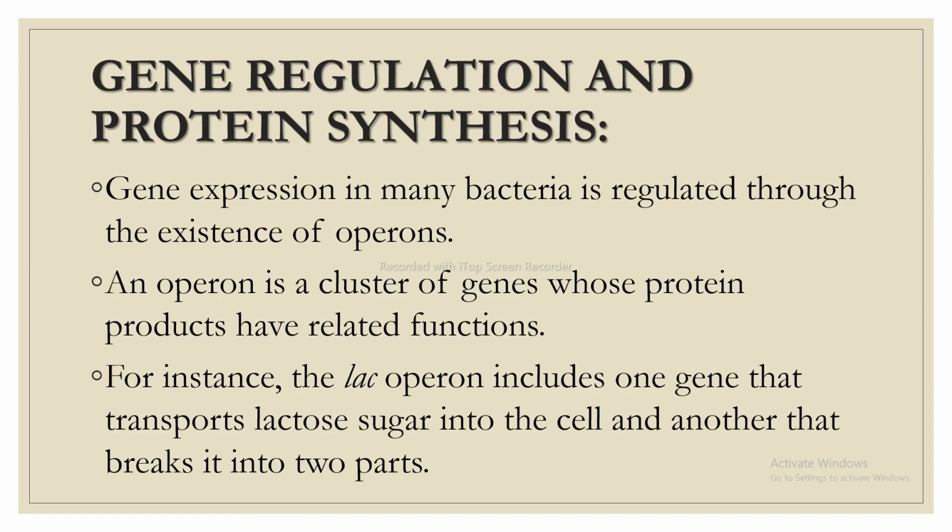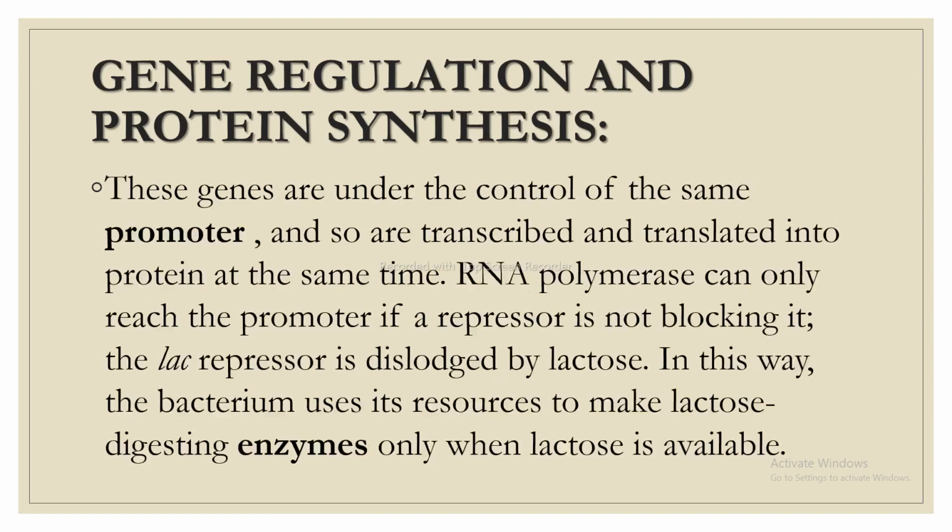Gene expression in many bacteria is regulated through the existence of operons. An operon is a cluster of genes whose protein products have related functions. For instance, the lac operon includes one gene that transports the sugar lactose into the cell and another that breaks it into two parts.